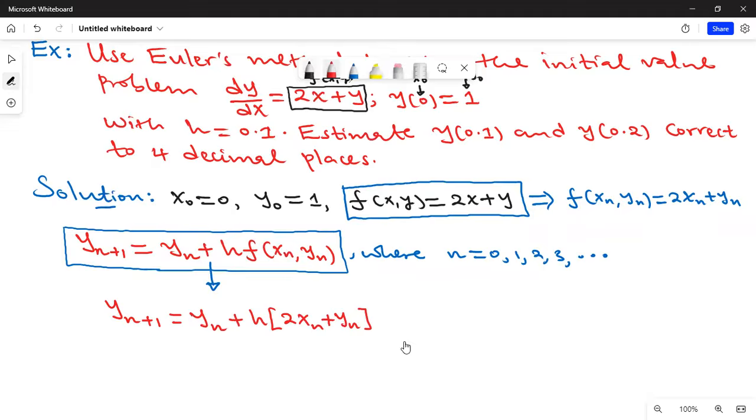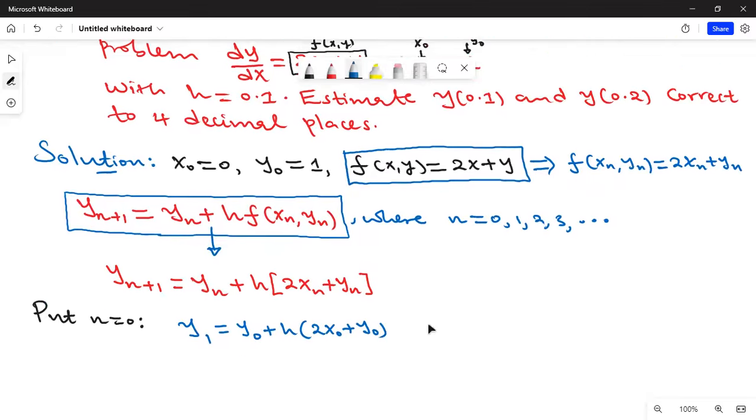So let's put n is equal to 0 and see what you're going to get. That will give us y1. y1 is equal to y naught plus h times (2x naught plus y naught). And we know these values.